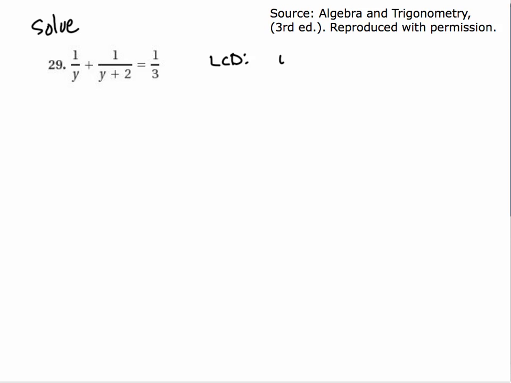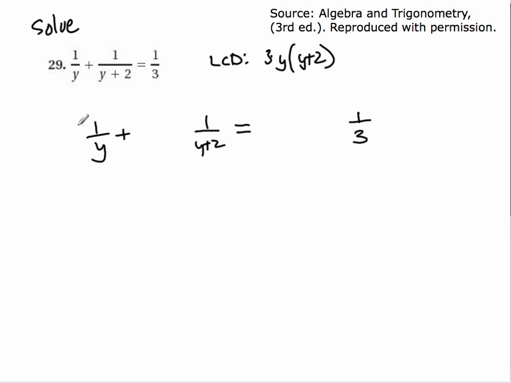So I've got a y, I have a y plus 2, oh, and I have a 3. I'll put that at the front. So I'm going to multiply each of my terms by 3y times y plus 2. Okay, so I have 1 over y plus 1 over y plus 2 equals 1 over 3.